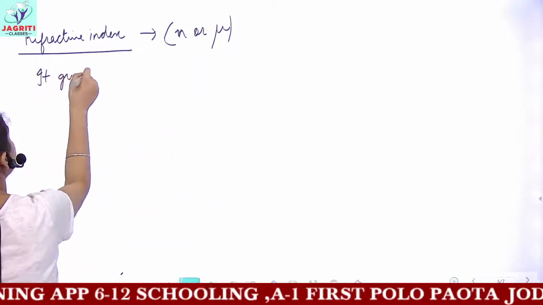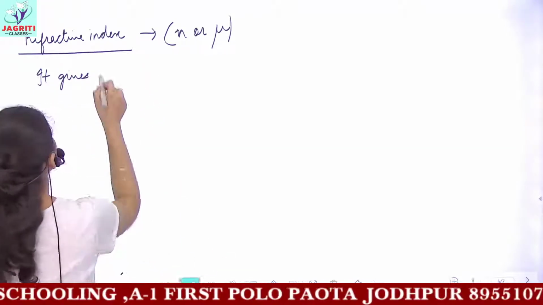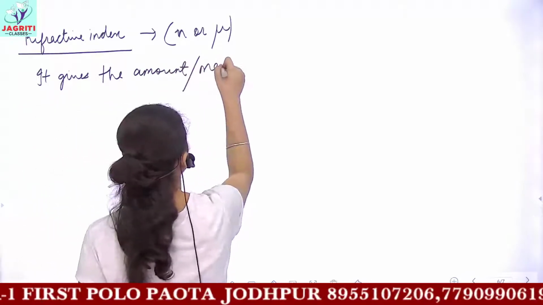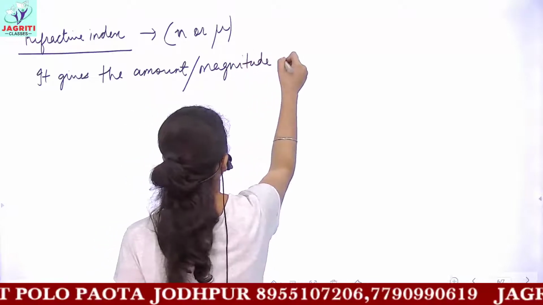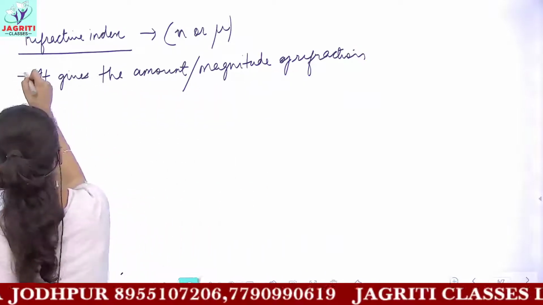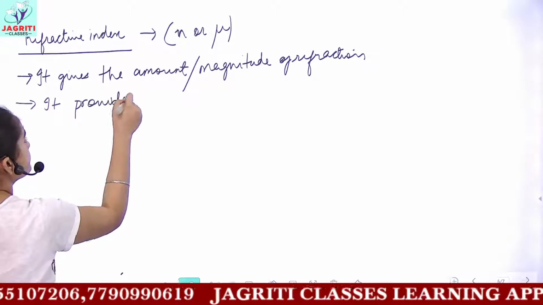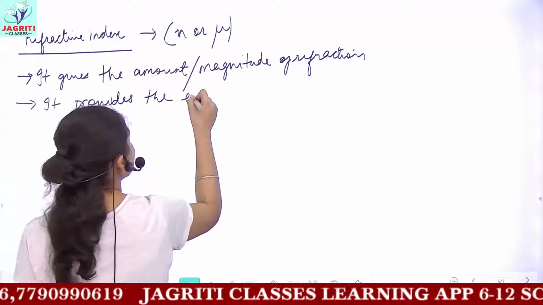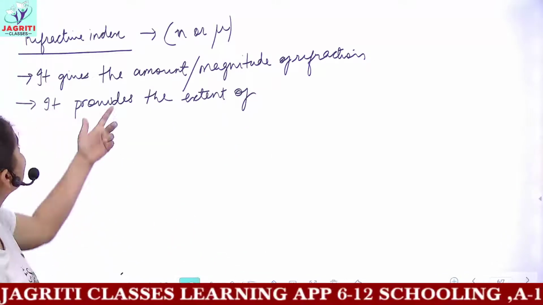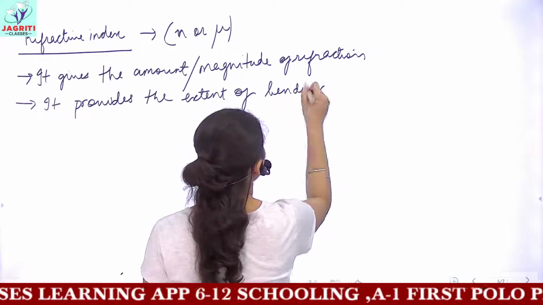Refractive index gives you the amount or the magnitude of refraction. That is, it provides the extent of bending of light. To what extent will the light bend? You can decide it with the help of refractive index. Extent of bending of light.